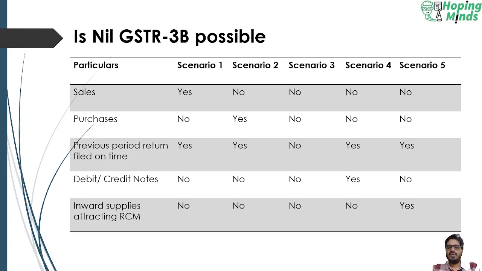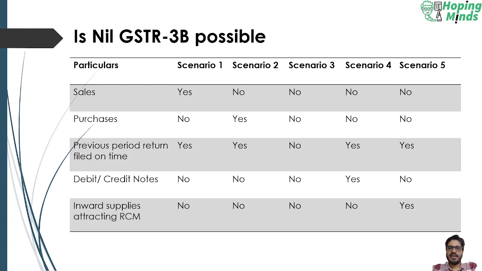So we have to pay the previous period's interest amount along with late fees in the current period and offset the liabilities. Then only we can proceed to file the GSTR-3B return. So in such a case, filing of nil GSTR-3B return is not possible.